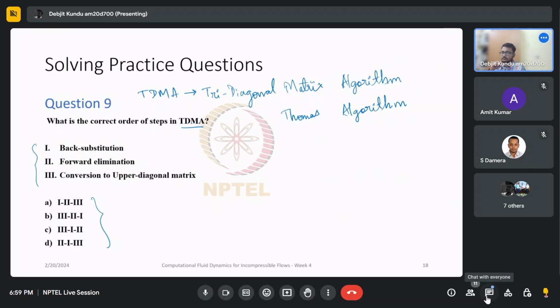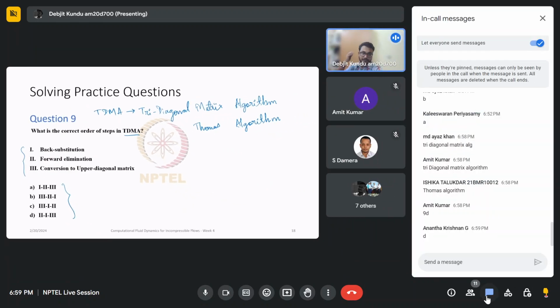So figure out the correct way of doing things, and that should point you to the correct combination in the options given below. Once you have figured out the solution, you can always type in the chat box. We already have two quick responses, and both are in favor of option D. Let's see what others have to say.